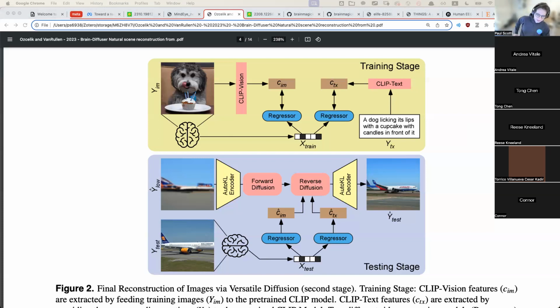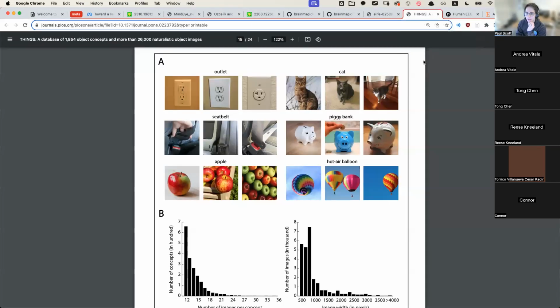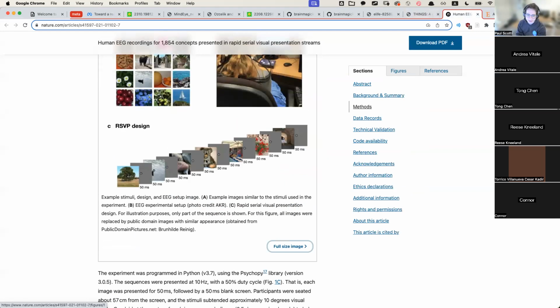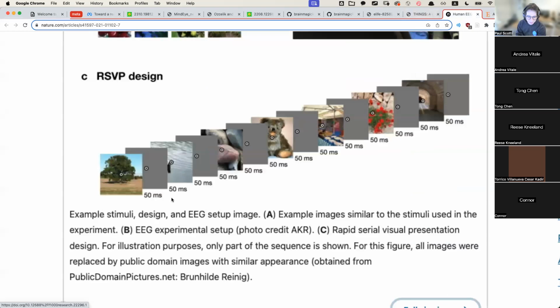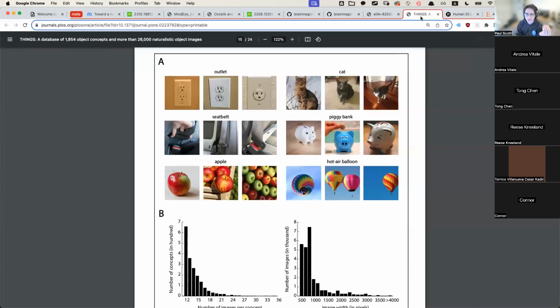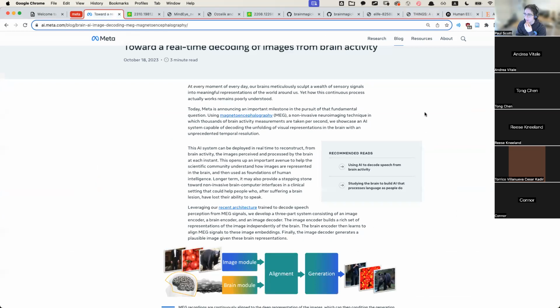Yeah, so I was inspired to tap into the THINGS datasets. I haven't tried working with them, but they've got EEG, which is a really rapid sequence of images, either 50 milliseconds or 100 milliseconds. You've got obviously the THINGS MEG. I would be really curious to try and get all this together into a single model.